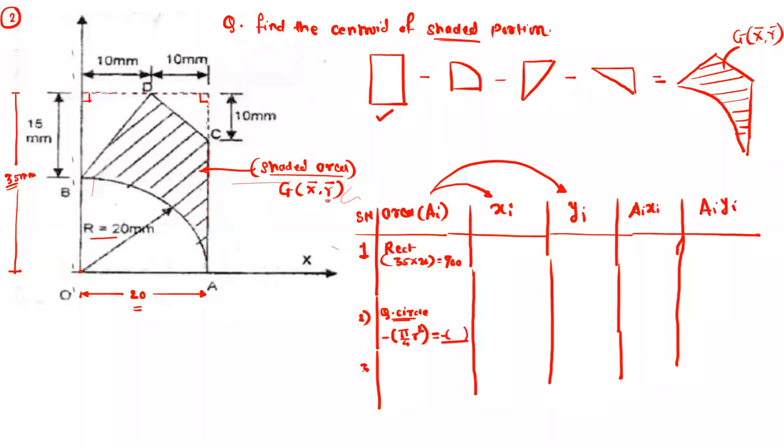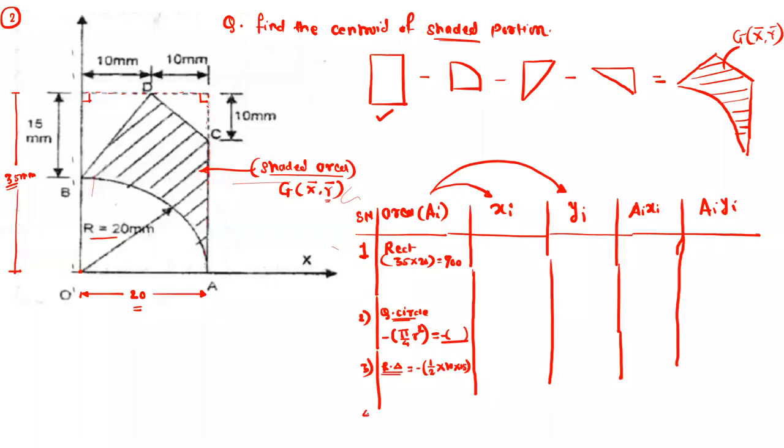Then the third geometry is the right angle triangle having the dimensions 15 and 10. For the right angle triangle, the formula is 1 by 2 base into height. So this is equal to minus 1 by 2, base is 10 mm and height is 15 mm.